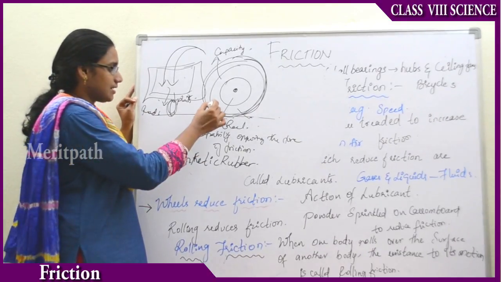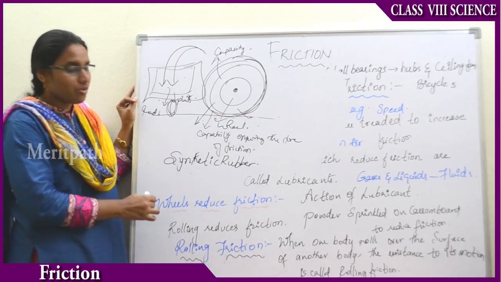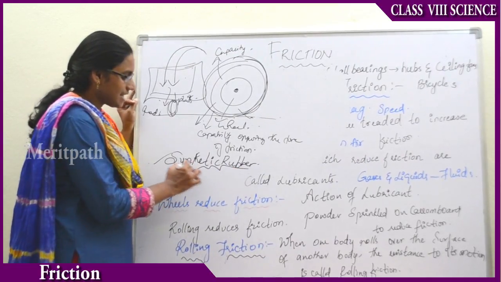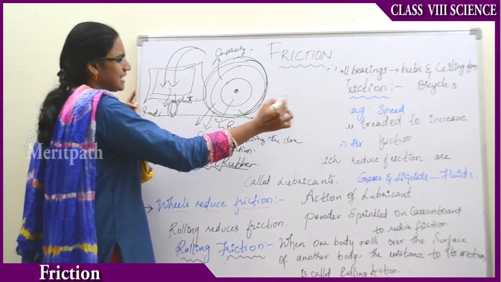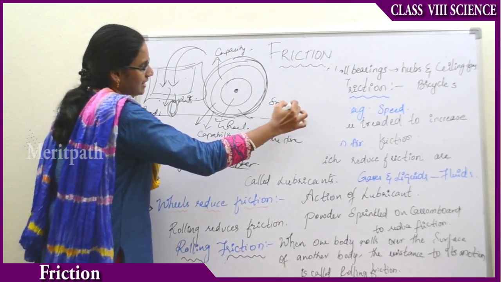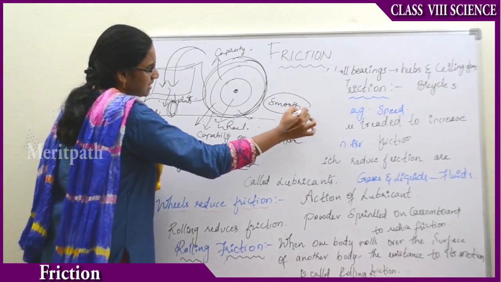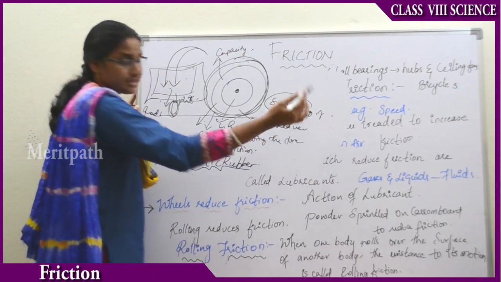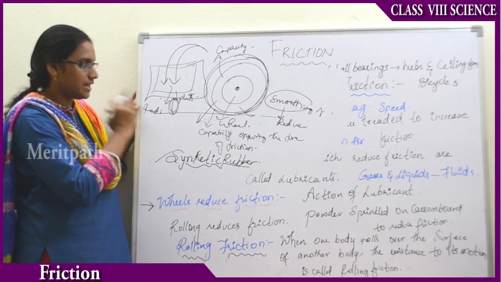These wheels are made up of synthetic rubber, and this synthetic rubber has two properties. It makes the surface smooth, which reduces the opposing friction.